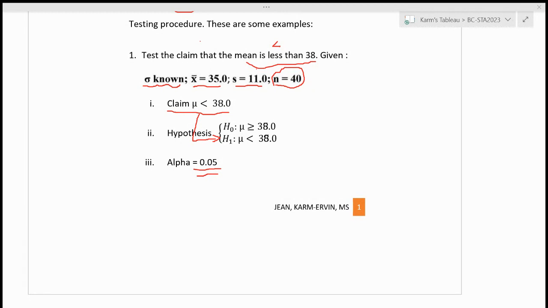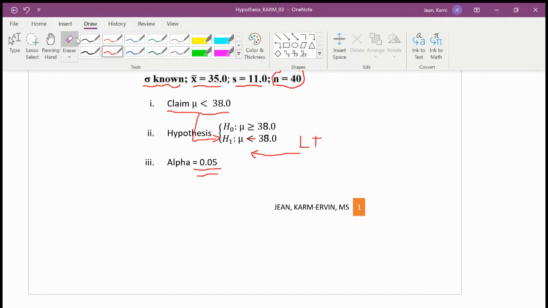As you can see carefully, H1 is pointing to the left, like an arrow pointing to the left. So you always have to look at H1. Therefore, this is going to be a left tail, not a right tail and not a two tail. Let me see if we start to have any confusion in the future.